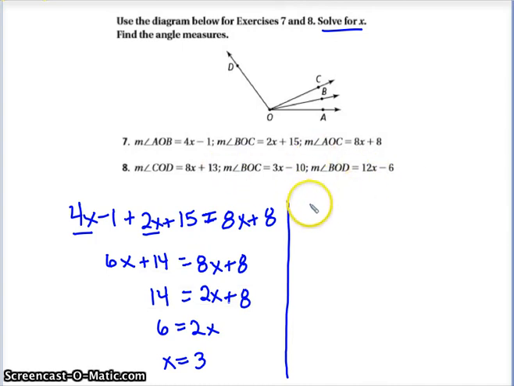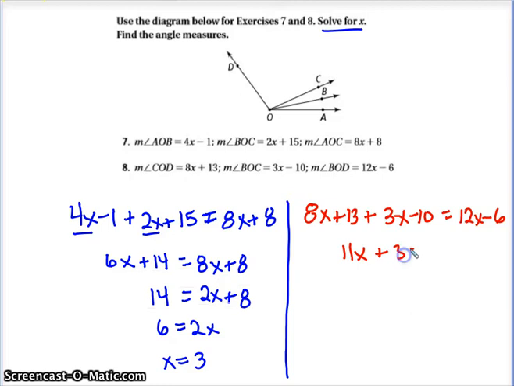So again, I can set up an equation, 8x plus 13 plus 3x minus 10 equals 12x minus 6. Now we're solving. So 11x plus 3 is equal to 12x minus 6. By using my inverse operations, I get x is equal to 9.